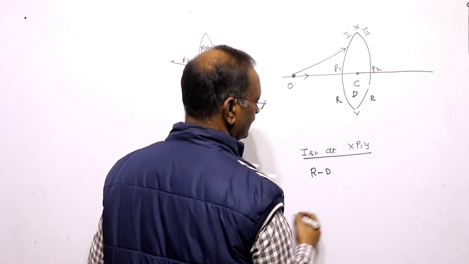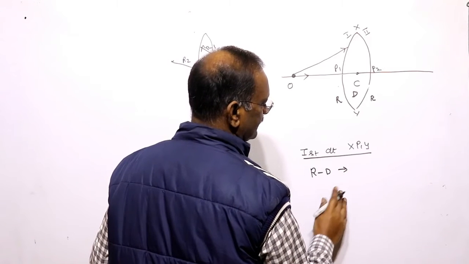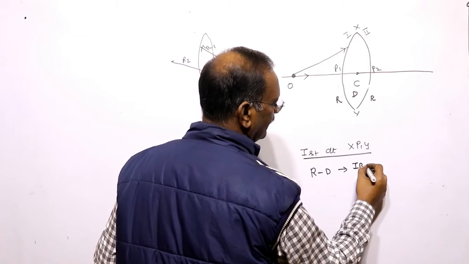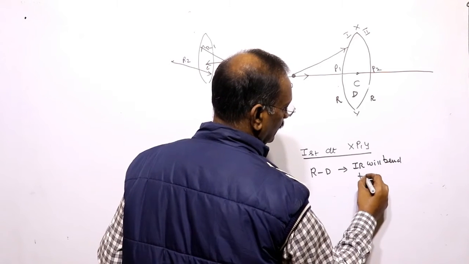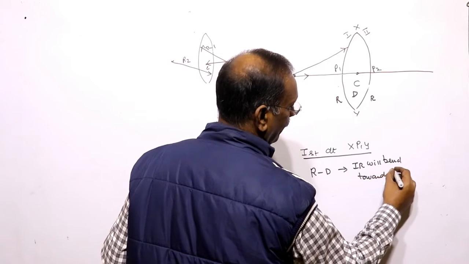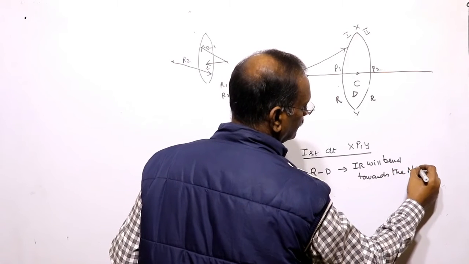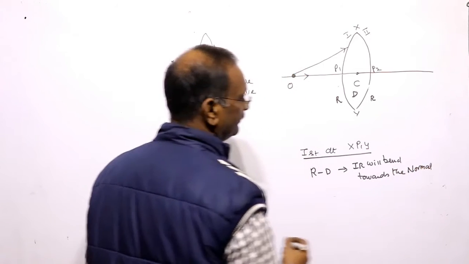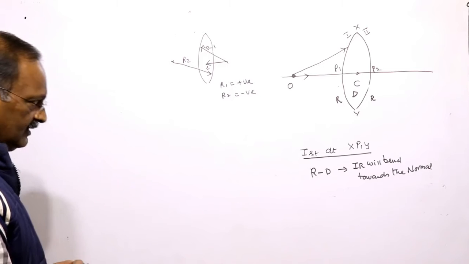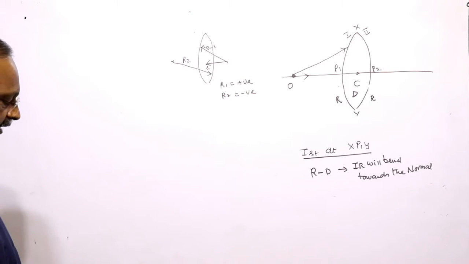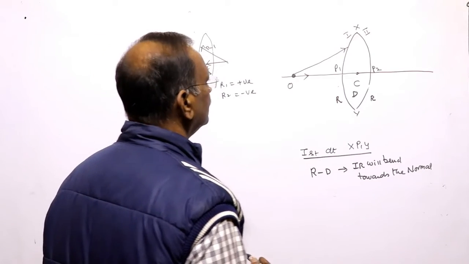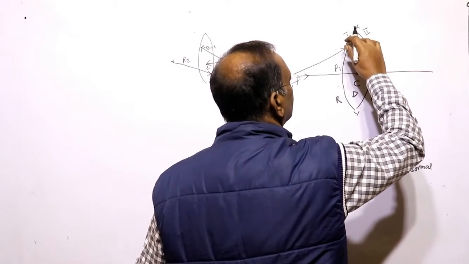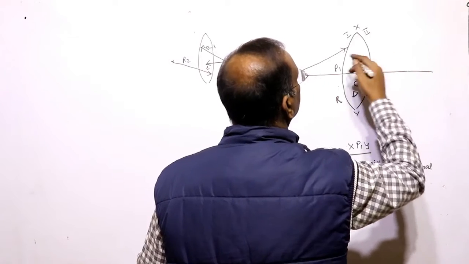Rarer to denser means the incident ray will bend towards the normal, as we know very well. So we will draw a normal. For this surface, the center of curvature will be here.